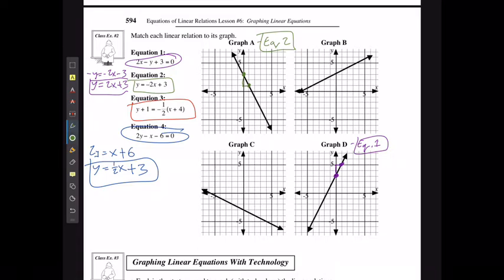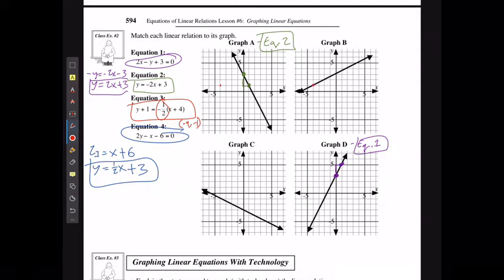For equation 3, I want a graph that has a slope of negative 1 over 2 and goes through the point negative 4, negative 1. So I'm going to look through here. This does not go through negative 4, negative 1.